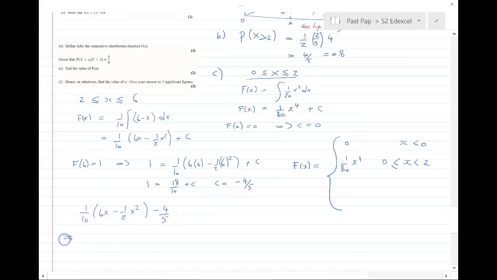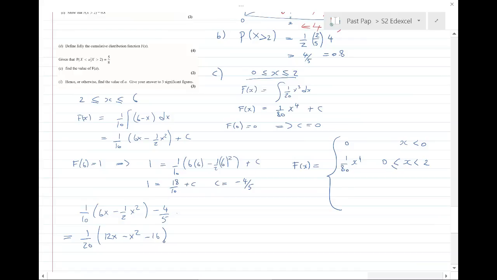I have an overwhelming temptation to come up with a common factor of 1/20. That would double this number here, which is 12x, it'd just be minus x squared there, and it would be minus 16 here.